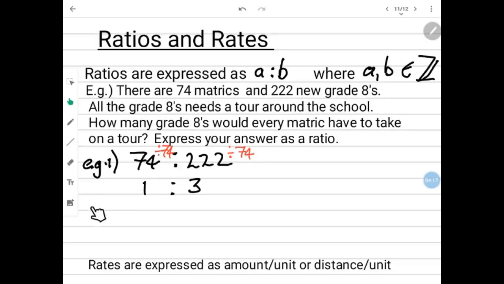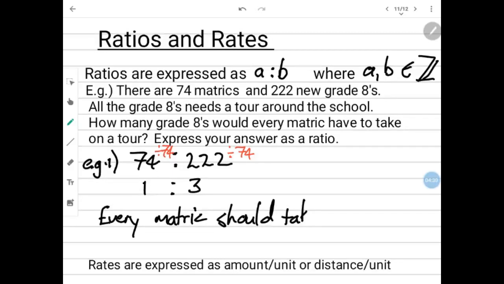You can say every matric should take 3 grade 8s. Right, there you have it, 3 grade 8s. Okay, that's your final answer. You can say thus, or therefore.